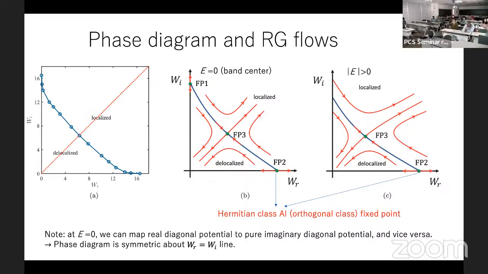So do I understand it correctly that to see this RG flow, essentially you are looking at the localization length at a particular energy and how it depends on these parameters WI and WR? Right. And then you are looking at how it flows as we change the parameters. Right, exactly.